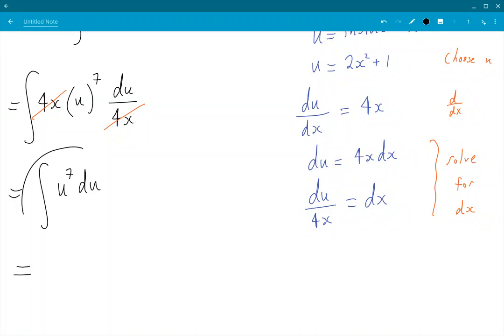Okay, so here I can just use the power rule. Okay, I get u to the 8 over 8.